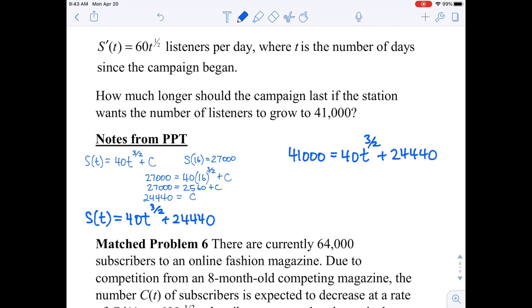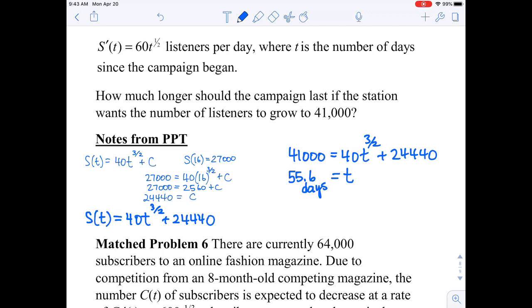And you'll get t, and if you need to see this math, you get 55.6 days or 56 days.